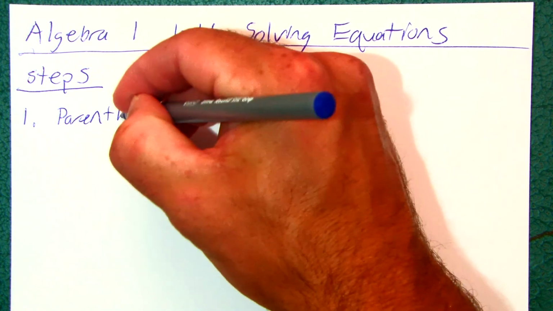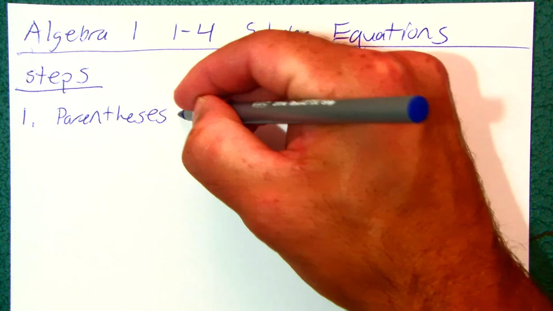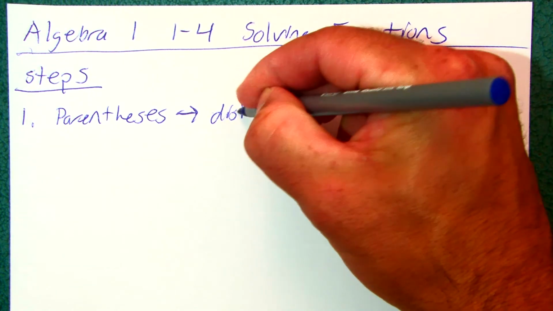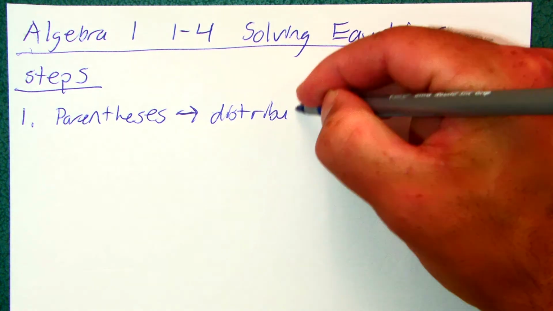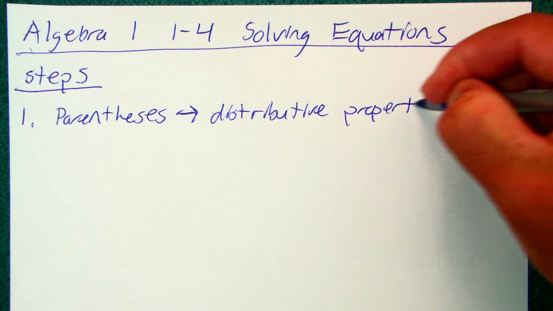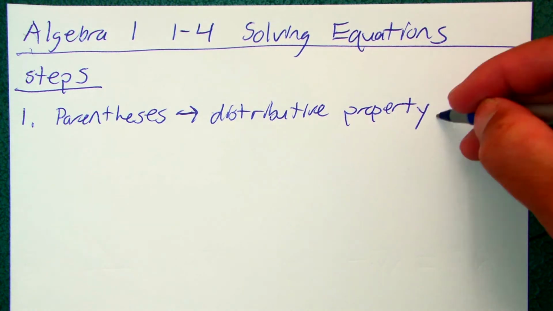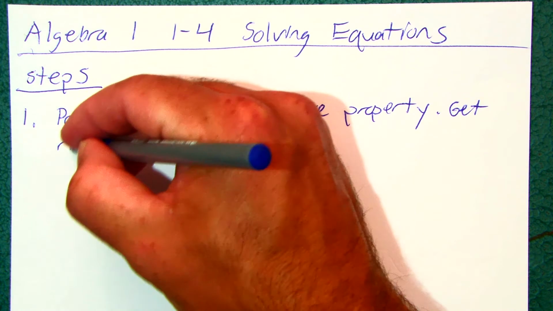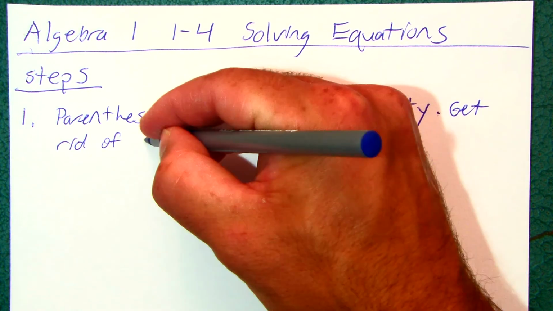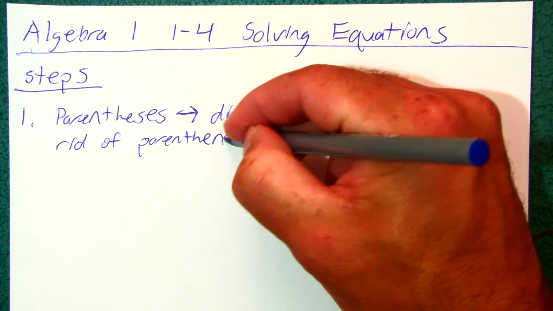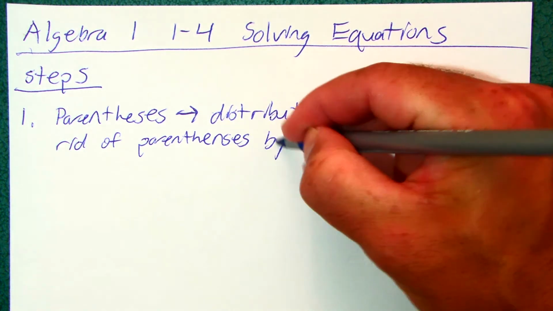If there are any parentheses, you want to do the distributive property, so we're going to get rid of the parentheses by using the distributive property.